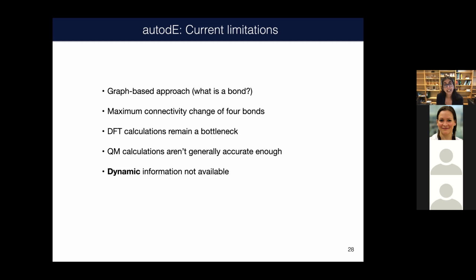We still have many limitations too. This is based on a graph representation, which may limit what we call a bond, especially when we're looking at metals or imagine heavy atoms being involved there. The concept of a bond may not be quite the same as the one that we used to think about. DFT is still a huge limitation.